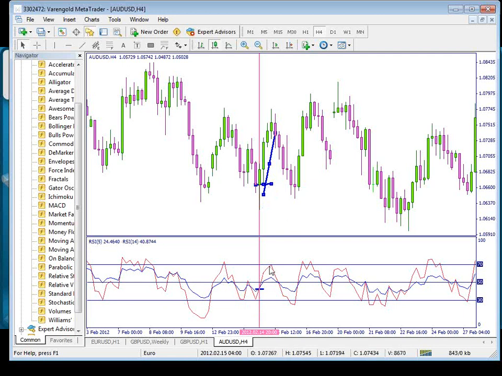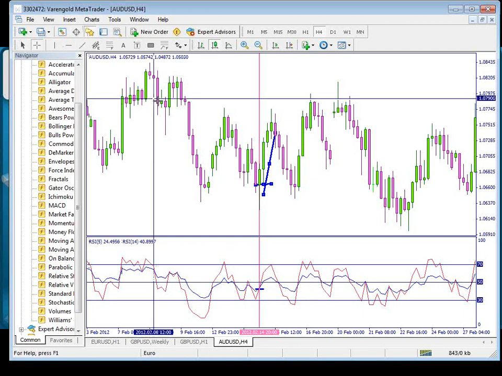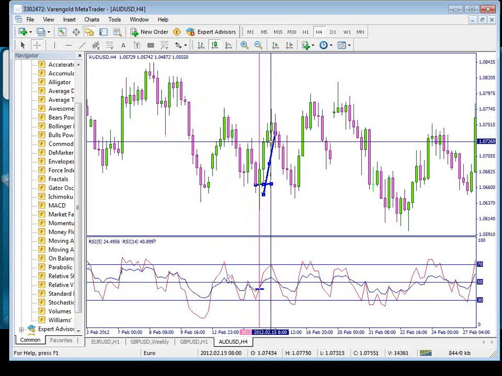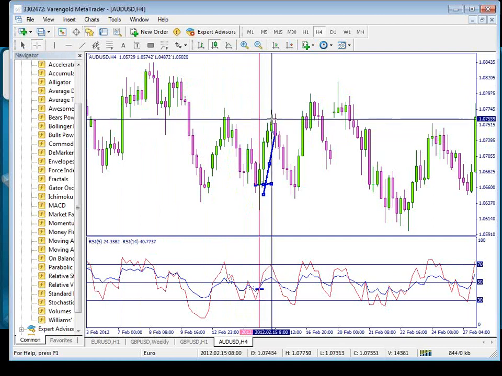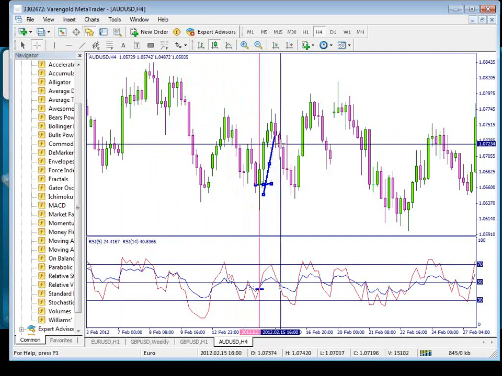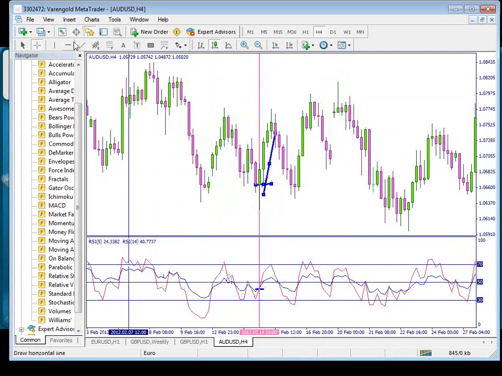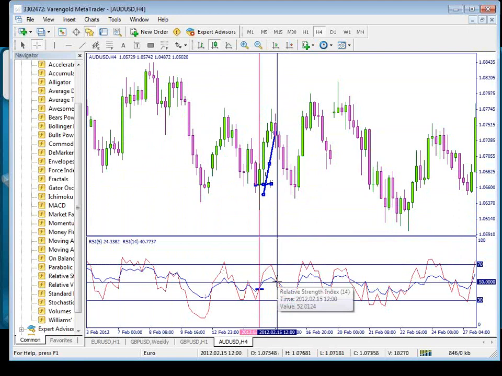We will keep this order until the RSI is changing direction. So somewhere in this area, and we can see that the price is starting to reverse.